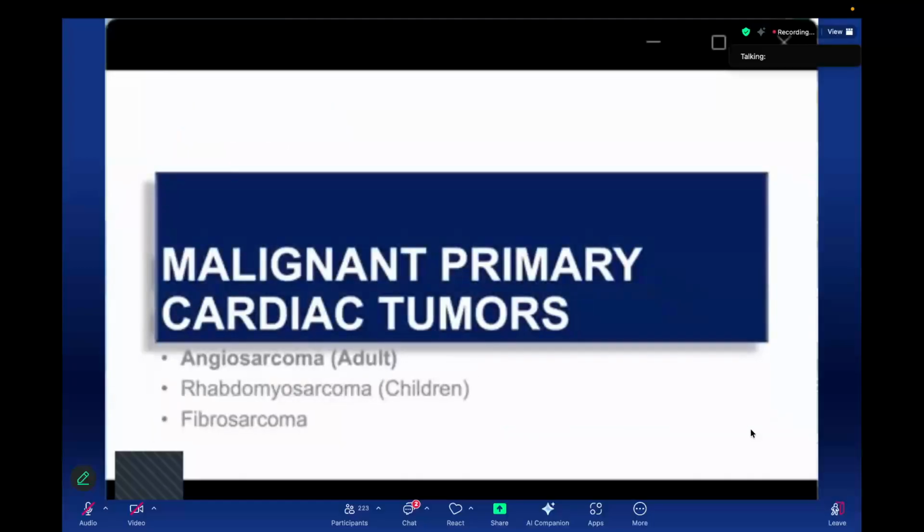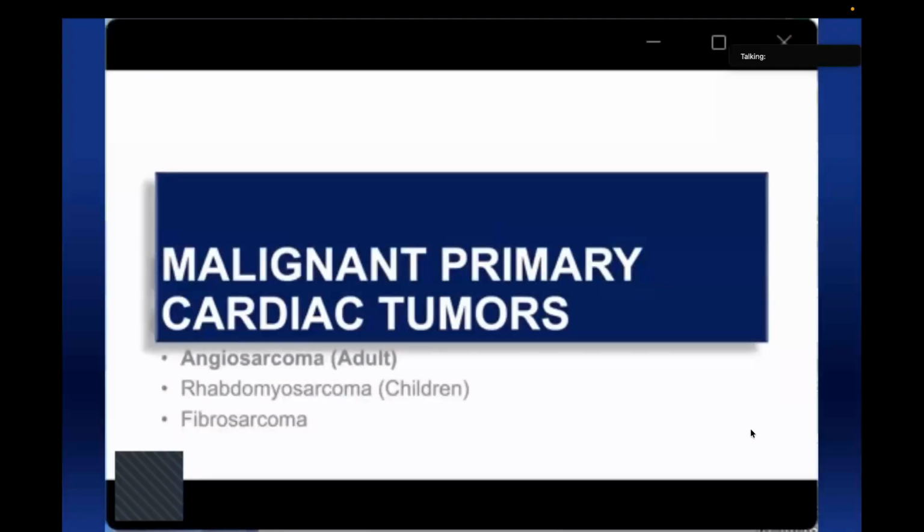Okay, but malignant primary cardiac tumors. Almost all malignant primary cardiac tumors are sarcomas, which may be of several histologic types. Angiosarcomas are the most common type in adults, whereas your rhabdomyosarcomas are the most common type in children.